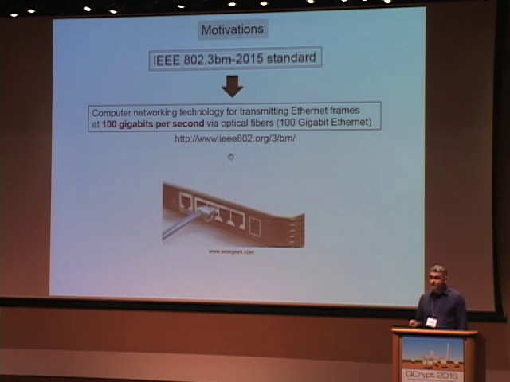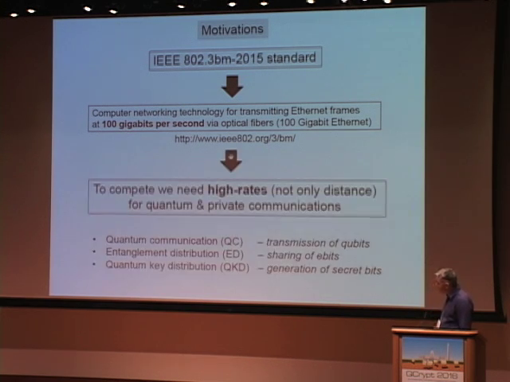So classical infrastructure is very fast. We really are using high-speed connections. We have comparable numbers for other types of network, of course. So this gives us the message that if we want to compete with the classical infrastructure, we need to achieve high rates, not just distance, but high rates for our quantum and private communications.